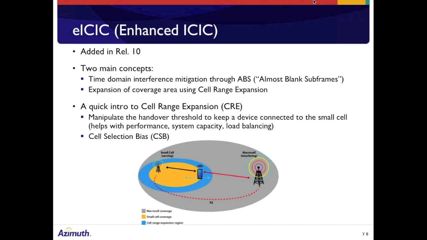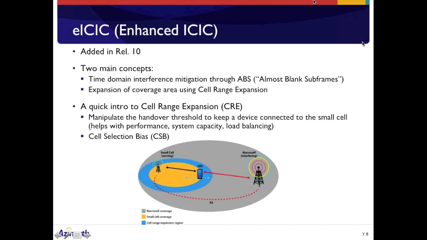Between the two of those, you can manipulate what the handset's link budget is at various times and in various geographic locations relative to the connected cell and the interfering cell. With cell range expansion, we change the handover threshold so that a device will stay connected to the small cell instead of deciding to connect to the macro cell.